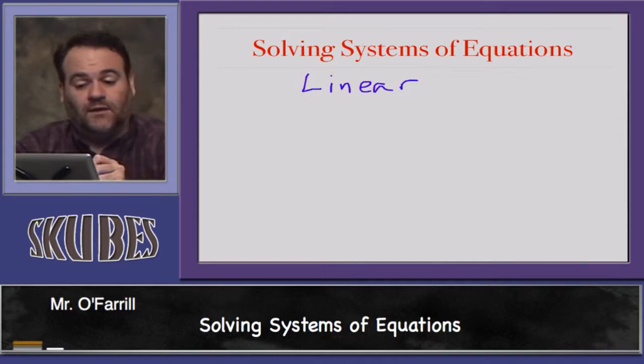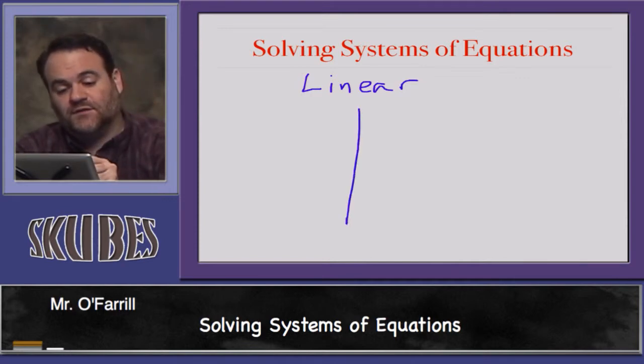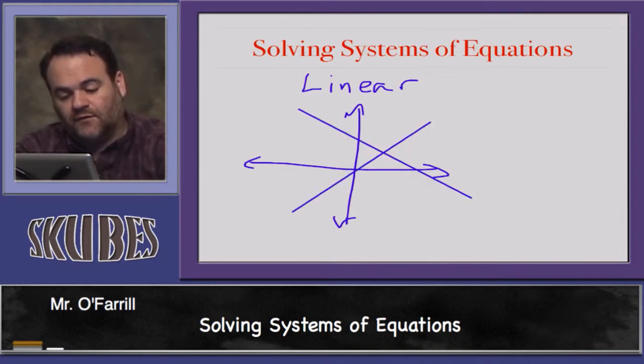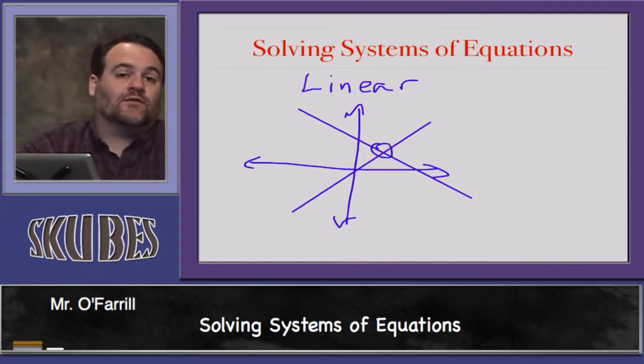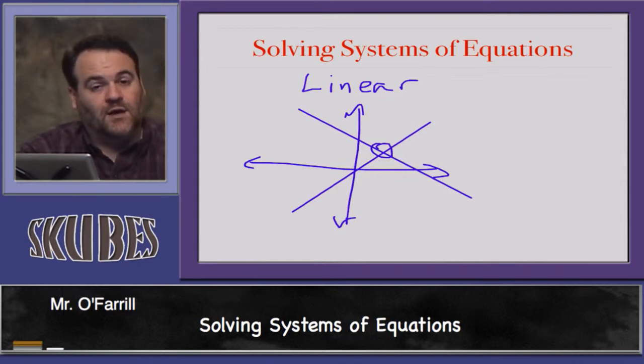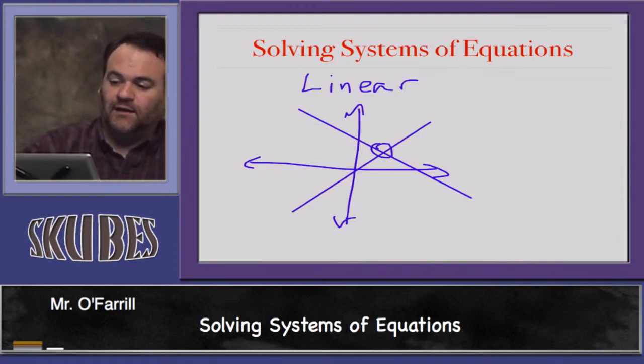Now, quite literally, the solution for a system of linear equations, if you were to graph the line for two equations, we're looking for the place where those two intersect. So our answer is going to be an ordered pair, (x, y), for every problem that we look at in this video.